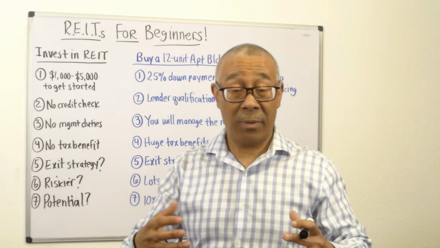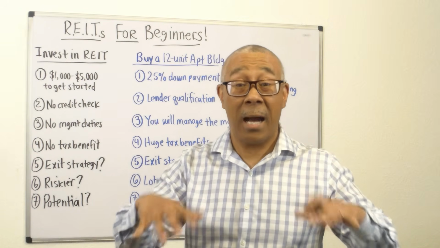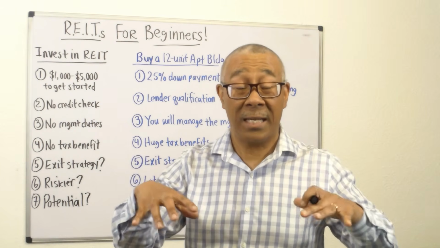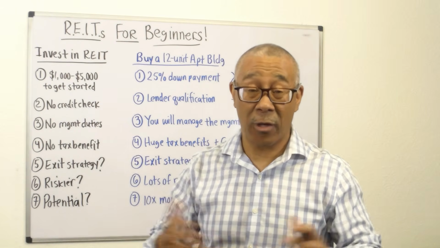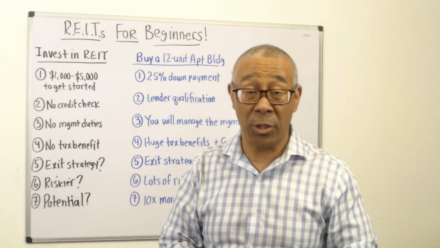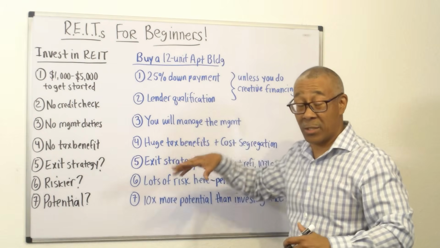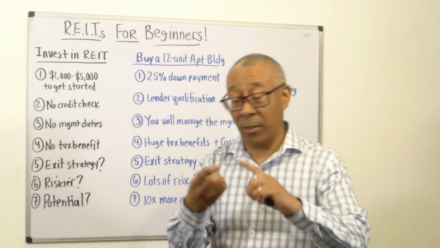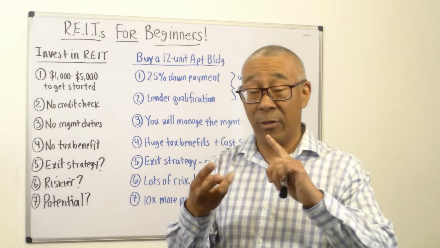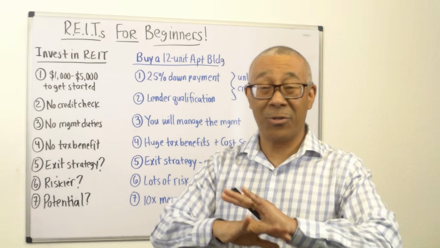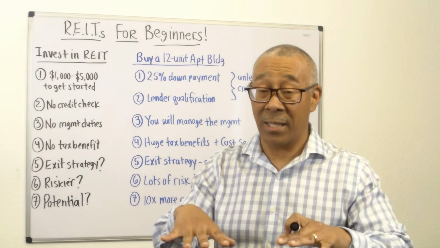The solution to that is to get a non-recourse loan where you're not personally guaranteeing the loan. That's available for commercial property, and that's what I recommend you do. But there's a lot more personal risk on this side because you're operating the property, meeting the management, visiting the property, handling taxes, doing everything.